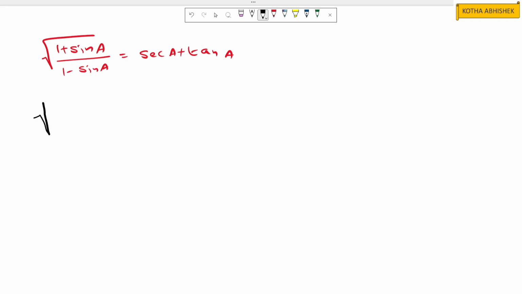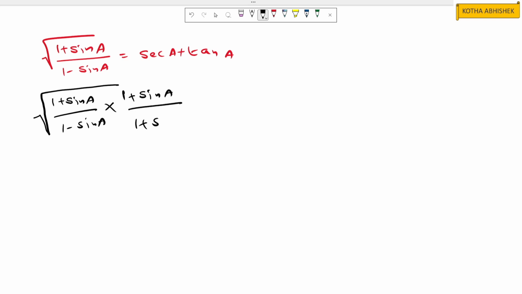So take the left side, that is under root 1 plus sin A divided by 1 minus sin A. We need to multiply and divide with, here in the denominator we have 1 minus sin A, right? So multiply and divide by changing the symbol. 1 minus sin A, if you change the symbol, it will be 1 plus sin A. So multiplying and dividing with 1 plus sin A divided by 1 plus sin A.